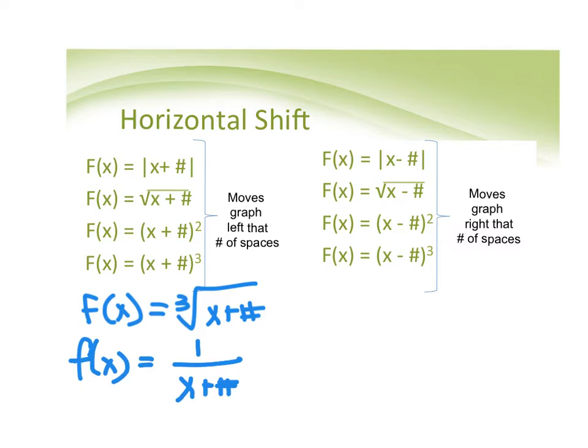And it would look like that if it's a reciprocal function. And for this one, it's the opposite. If you're adding, you're actually moving to the left, and if you're subtracting, you're moving to the right. So inside the function is a horizontal shift in the opposite direction.